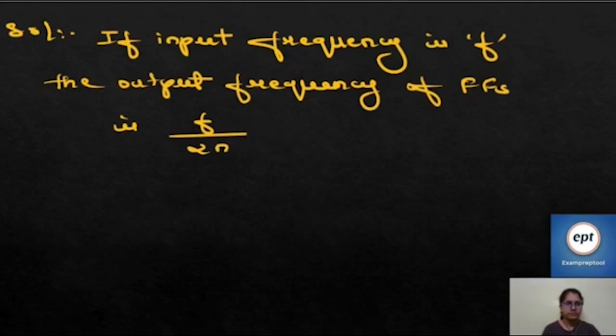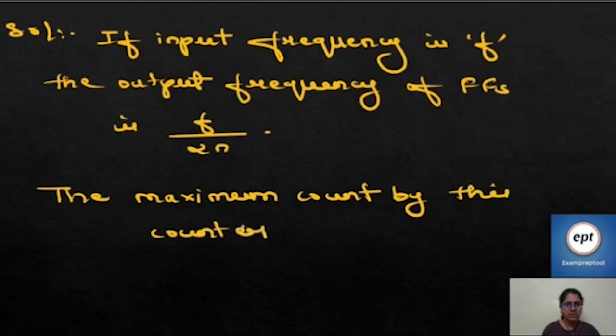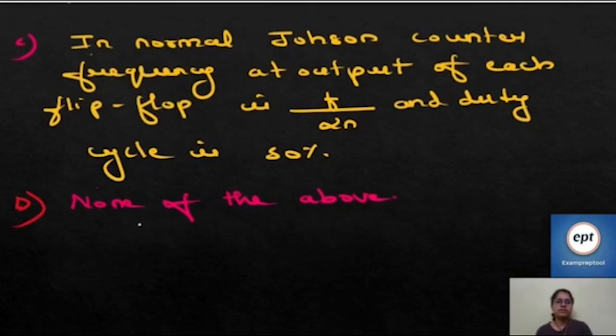Okay, and the next point is the maximum count by this counter. The maximum count by this counter is 2 to the power n minus 1. Okay, so here in the options they have given us none of the above.